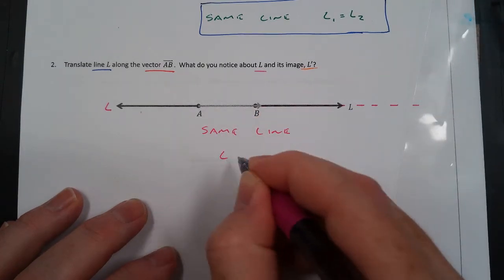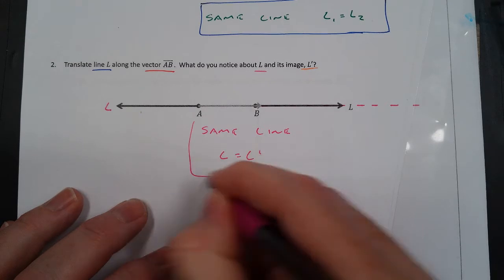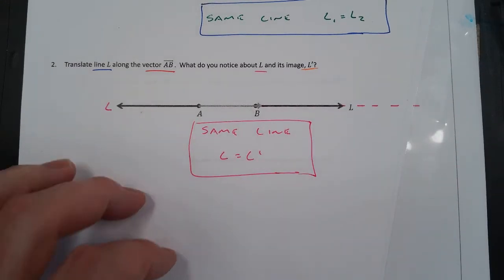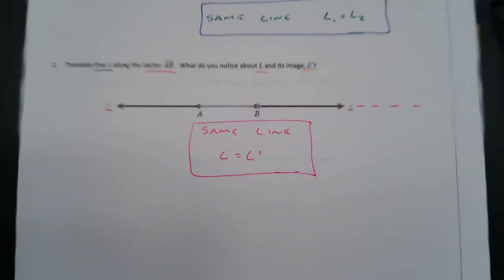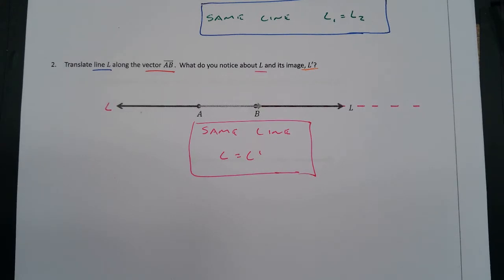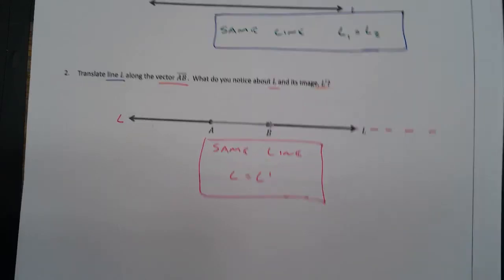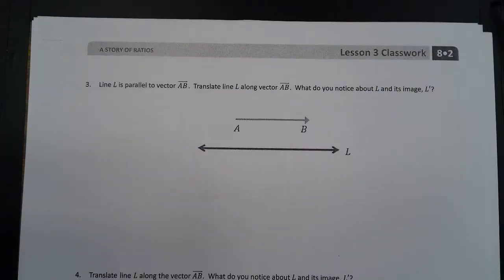Again, L is equal to L prime after the translation. It's just the same line. We just slid it down a little bit. Hopefully you are getting some practice with translating using the transparencies, because these skills will come in handy later. Let's go to page 22 and see what other translating fun they have for us.